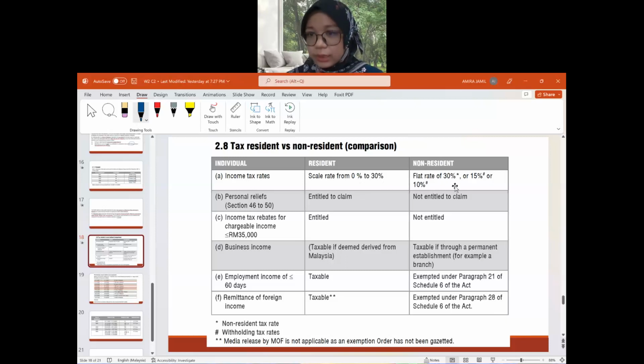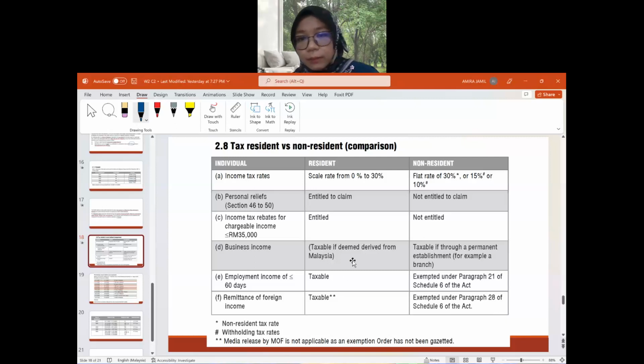But for the non-resident, they have a flat rate of 30% or 15% or 10%, depending. Resident is entitled to personal relief, which we will cover in a later chapter, but non-resident cannot. For tax rebate also, resident is entitled to claim, but not non-resident.